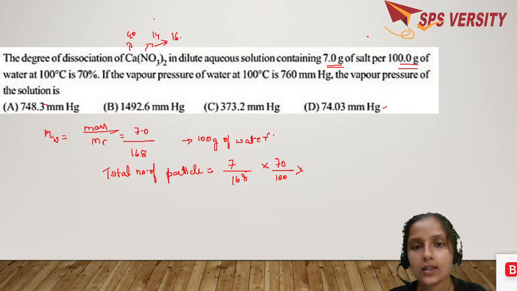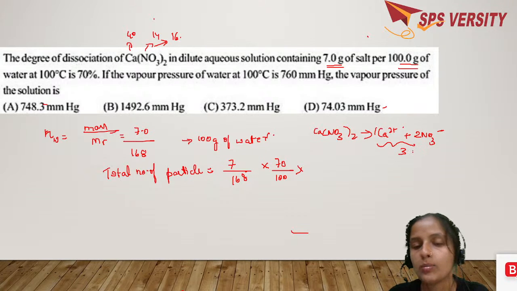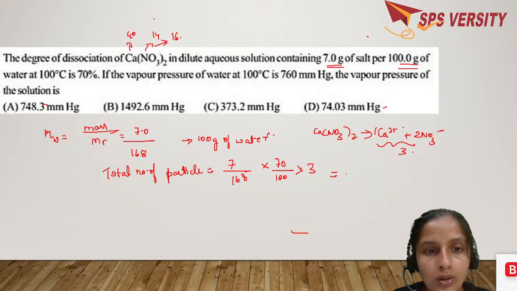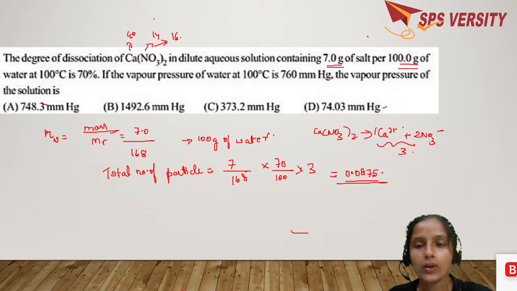Each calcium nitrate, when it is dissolved in a solution, is going to give 1 Ca2 plus ion plus 2 NO3 minus ions. So the total number of moles is 3. Let me calculate this value. 0.0875.